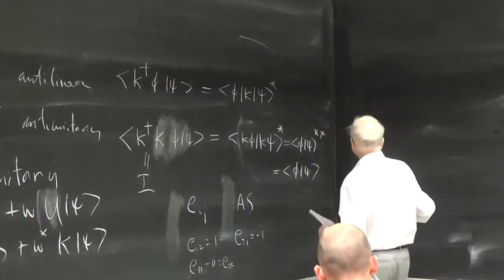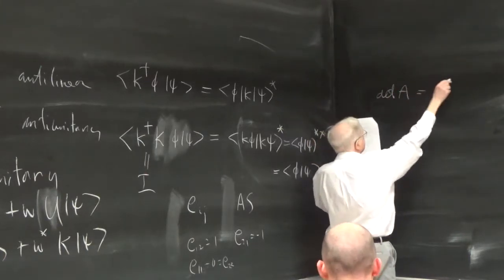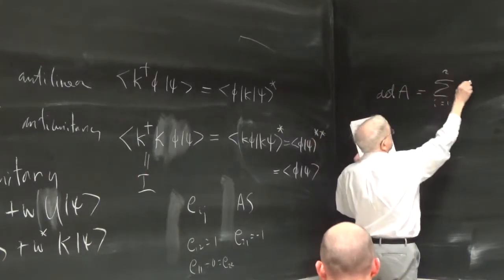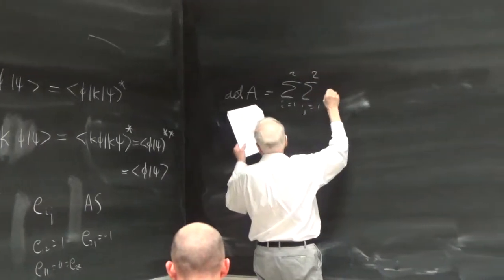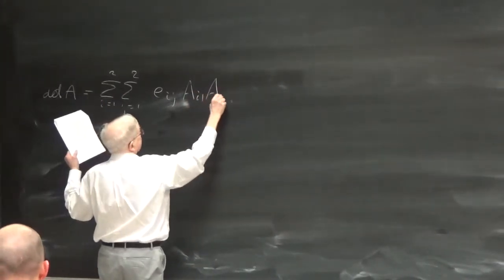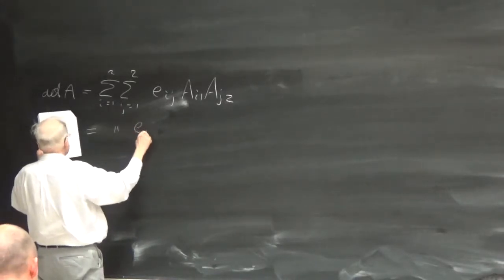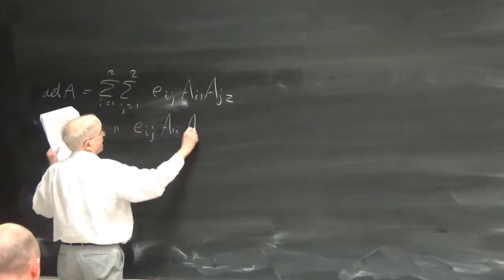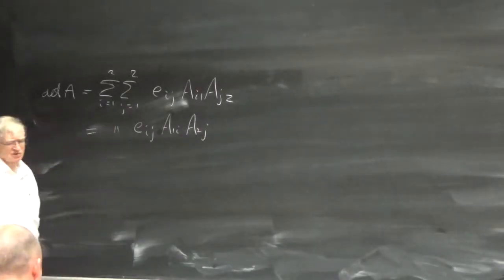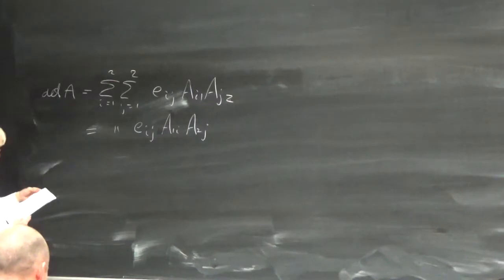So, the determinant of a 2x2 matrix is the sum i equals 1 to 2, j equals 1 to 2, epsilon ij a_i1 a_j2, and it's also the same sum epsilon ij a_1i a_2j. This shows you that the determinant of the transpose of a matrix is the same thing as the determinant of the matrix.